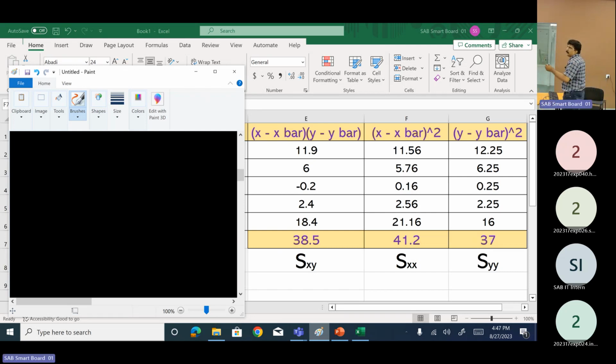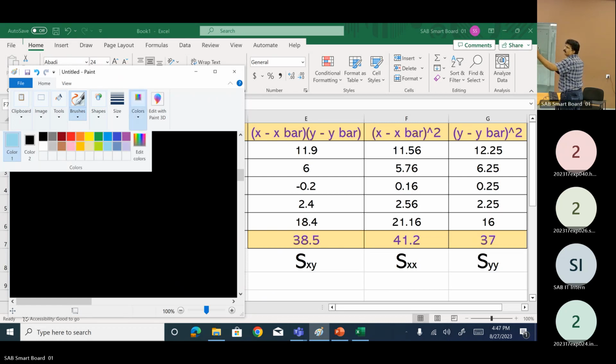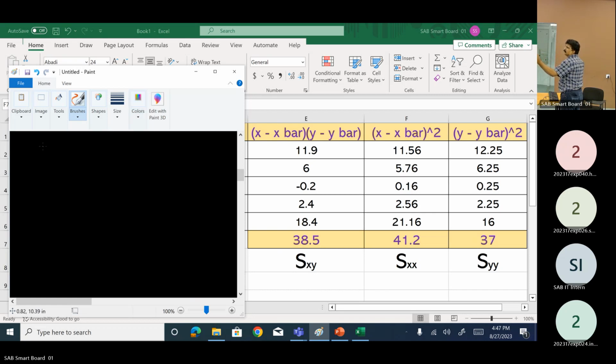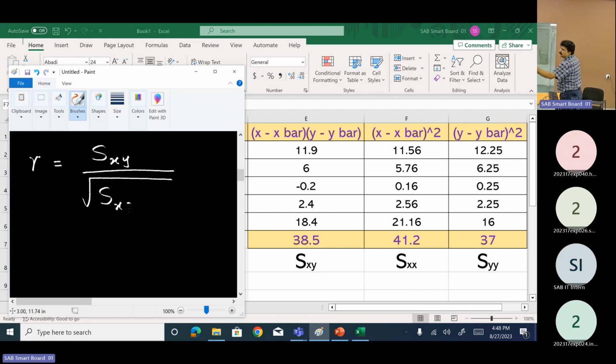Now we have the formula. R equals SXY over square root of SXX into SYY.